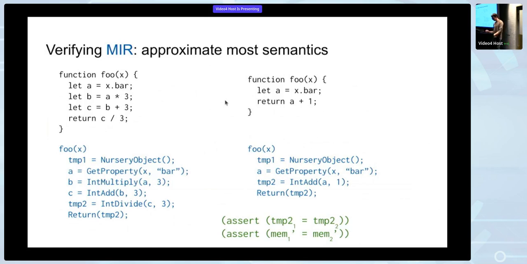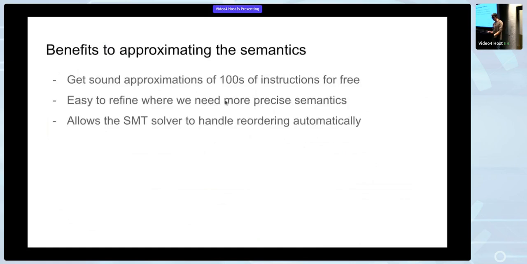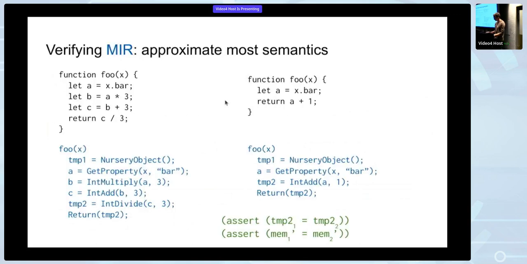This has a bunch of benefits here. We're able to get sound approximations of these hundreds of instructions essentially for free. And it's easy to refine the semantics for these particular instructions where we actually need them to be more precise. So for instance, in the previous case, we had this constant folding operation that was done, so we can just refine the semantics for the int multiply and int add instructions here.